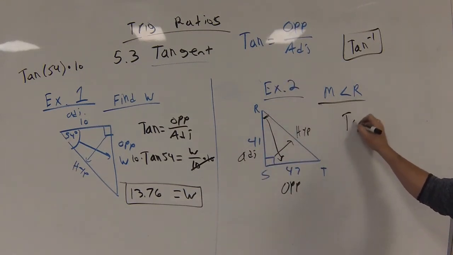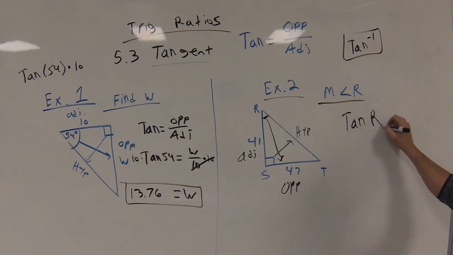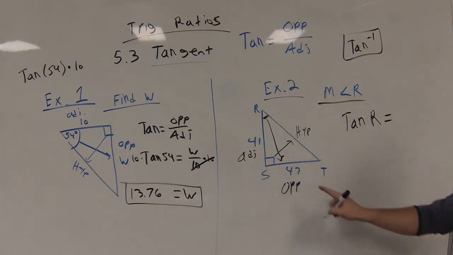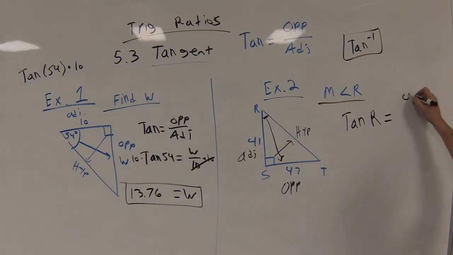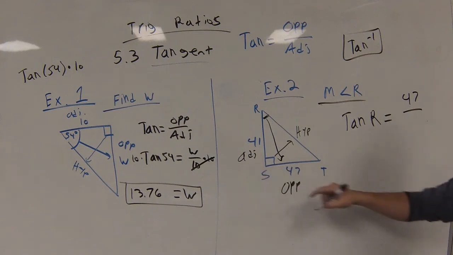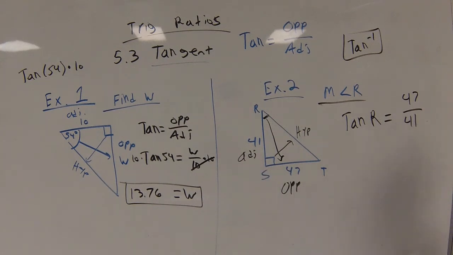So the tangent of angle R is going to be equal to the opposite, which is 47, over the adjacent, which is 41. Now, I'm missing the angle, so in the calculator I'm going to do inverse tangent, and inside the parentheses I'm going to plug in 47 over 41.